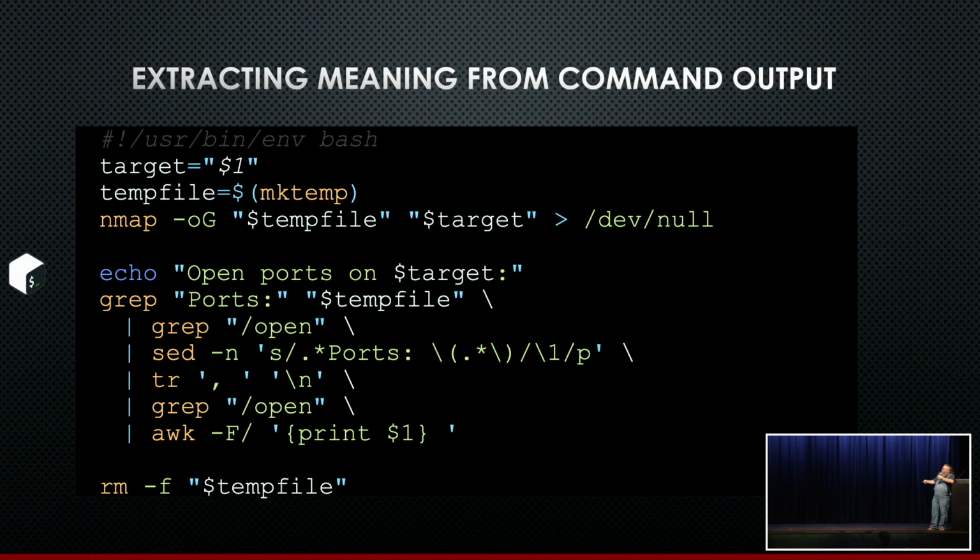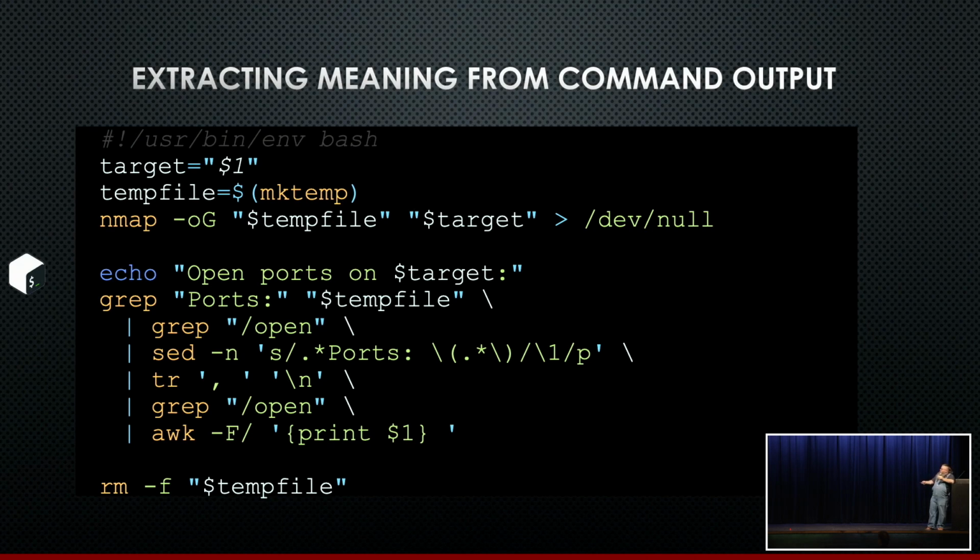Next, I'm going to run nmap -oG, which means give just the greppable output file to that file name that we just created, scanning the target that we said. And any output, we're just sending to /dev/null. We don't care if it comes to the screen or not. We just get rid of it. We just want the actual file to be generated.